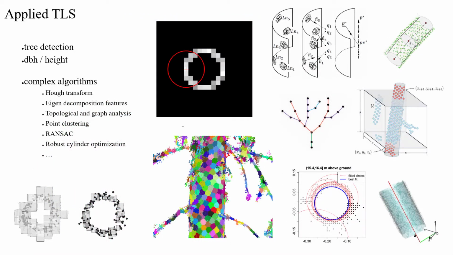But soon after, in the last 10 to 12 years, way more complex algorithms have been applied and developed, and individual trees sometimes. So algorithms that extract very complex features from the point clouds, like flatness, saliency, and grouping statistics for calculating metrics point-wise or voxel-wise or in point neighborhoods, optimized methods for circle estimation, cylinder estimation, applying graph analysis for getting the branch structure of the trees, topological analysis to get the actual shape of the boles and how the trees grow.